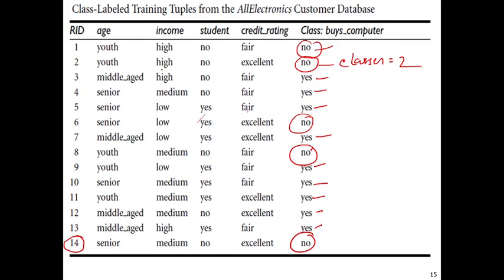I'm sorry, 5 by 14 means 1 2 3 4 5 youths are there.